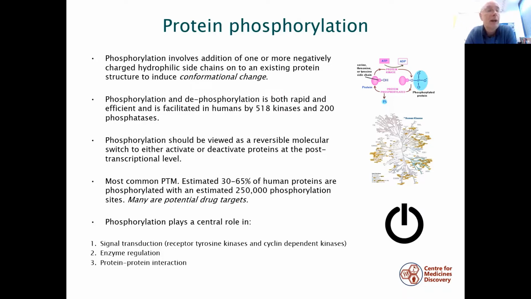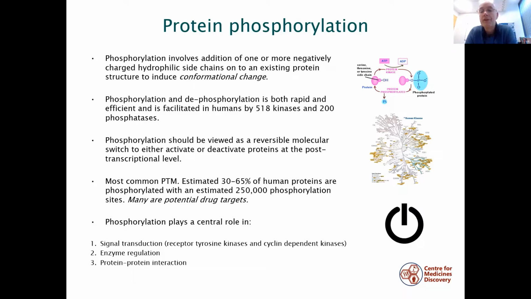Both of these are rapid and very efficient within the cell, and it's facilitated by hundreds of kinases and phosphatases, many of which have been characterized in the human kinome. So the way to look at phosphorylation is to view it, as I do, as a reversible molecular switch. What it is doing is either activating or deactivating a protein at the post-translational level.